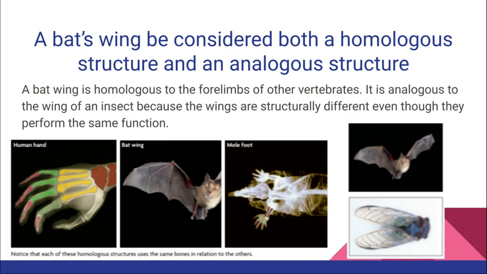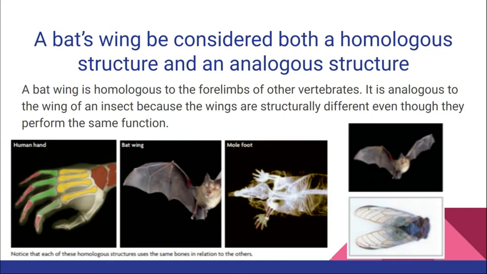A human forelimb, the hand, is used for grabbing and using tools, while a bat's forelimb, the wing, is used to fly, and the mole's forelimb is used to dig. So they're all adapted a little bit differently, but they all have the same exact bones in relation to one another. So we can assume this is probably because a common ancestor had that structure.